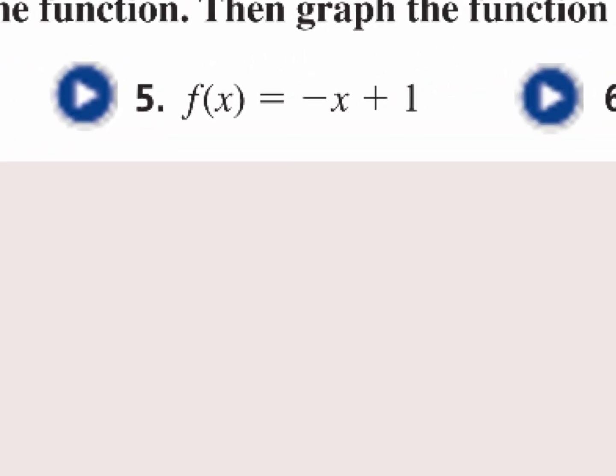Let's look at 5. So f of x is just a fancy way of saying y. What would I need to do to find the inverse? Switch x and y. So I'm going to change this to be x, and the x turns into a y. So x is equal to -y plus 1. All right, so now we need this to be y equals. So what would I have to do first? Subtract 1.